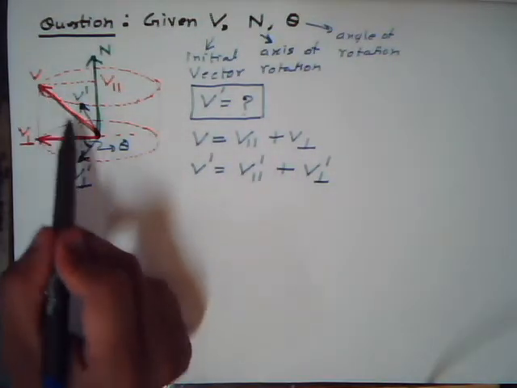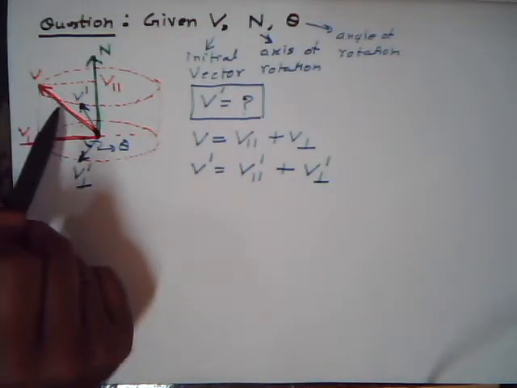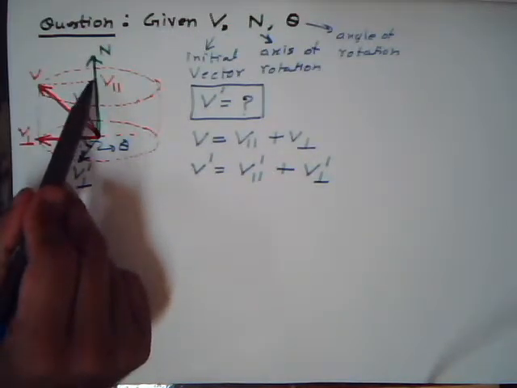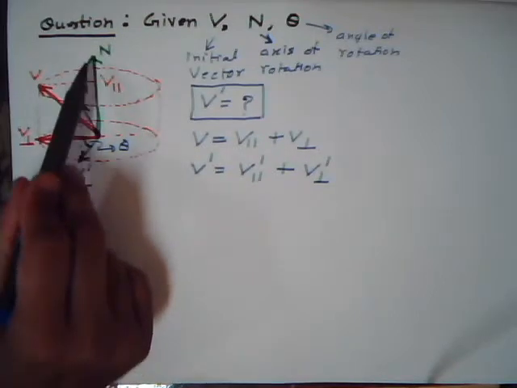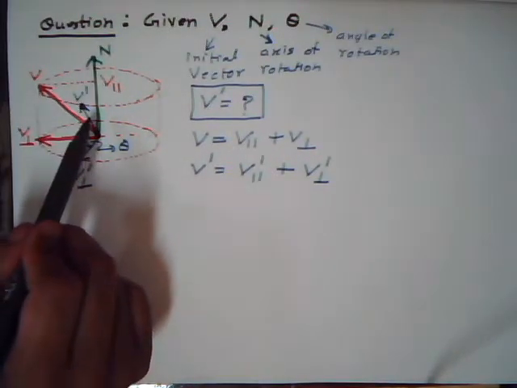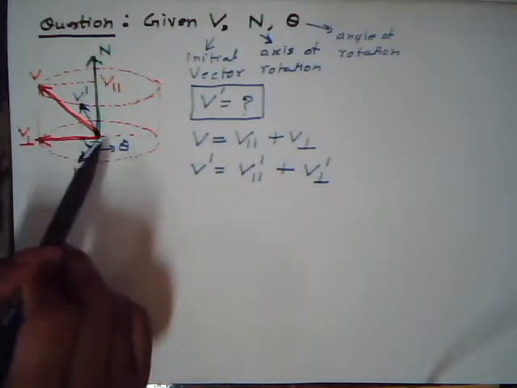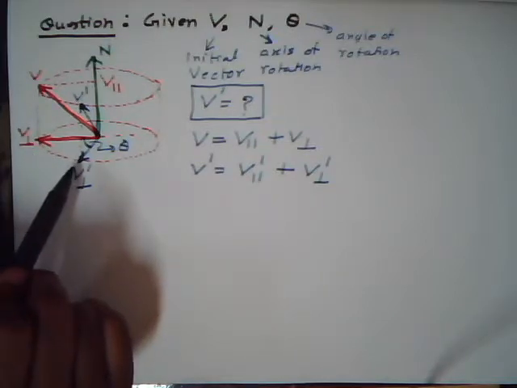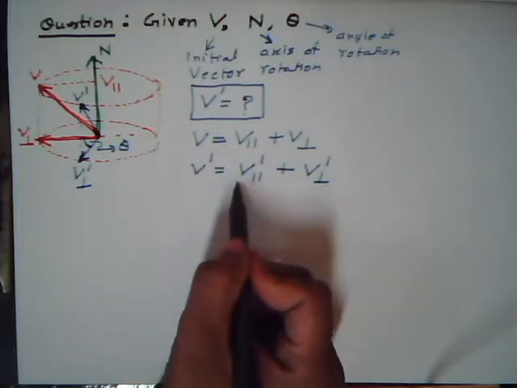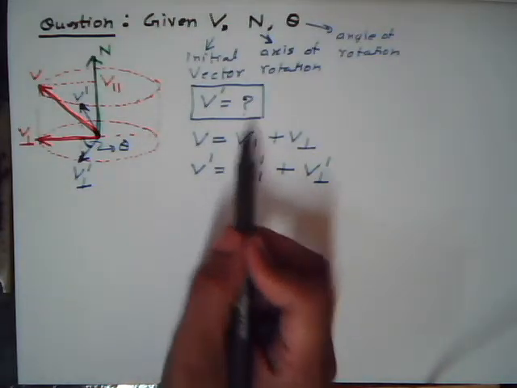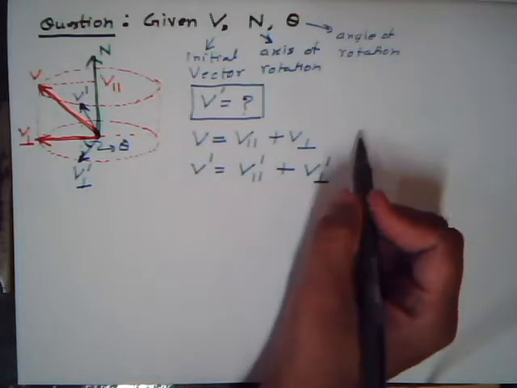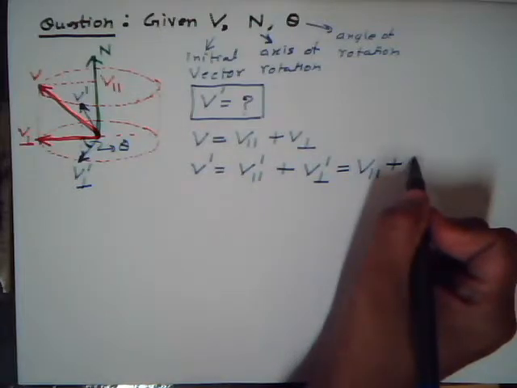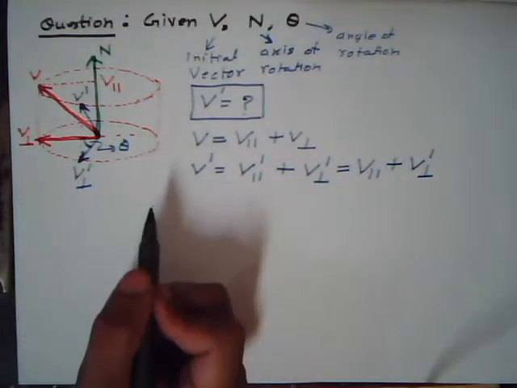Now note that in this diagram, when V rotates through an angle of theta, the component of V which is along the direction of the axis of rotation does not change. Only the component which is perpendicular to this axis rotates through an angle theta. Or in other words, V prime parallel is equal to V parallel, and therefore I can write this as V parallel plus V prime perpendicular.